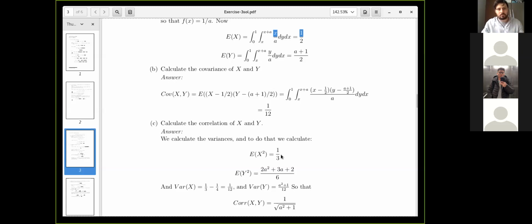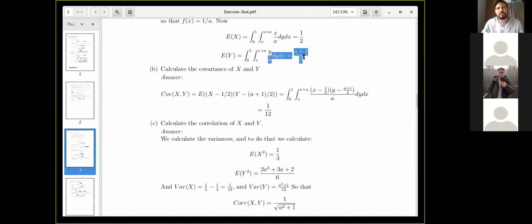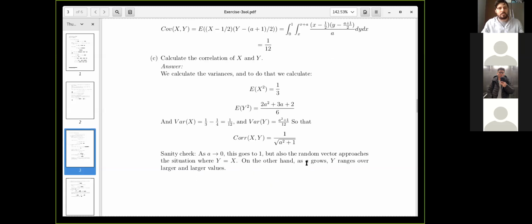It all comes down to 1/3. The expected value of y squared becomes a little bit more tricky, but not by much. This actually conforms to pretty much the same as in the uniform distribution situation. We get the variance of y and the variance of x.